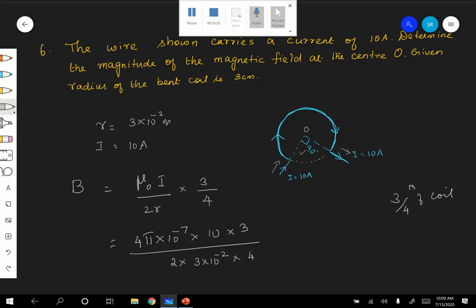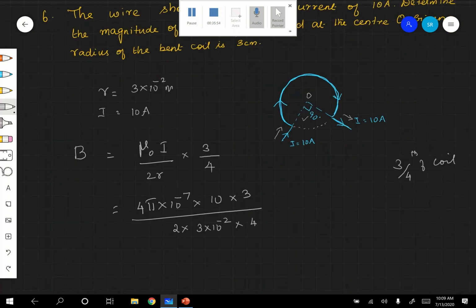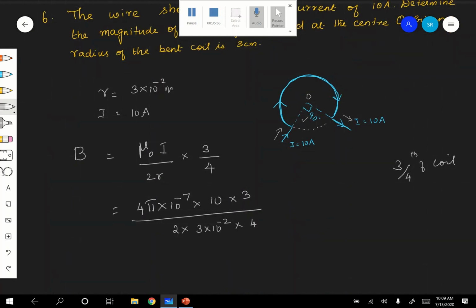Is it clear? I think we have substituted properly: 4 pi into I and 3, 2R into 4. Therefore, you will be getting the answer as 1.57 into 10 power minus 4 Tesla. This is the magnitude at the center, due to 3/4 of the current carrying coil.